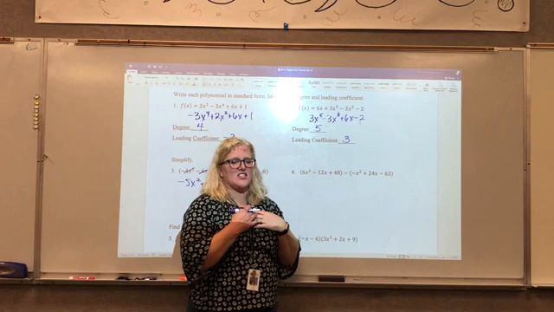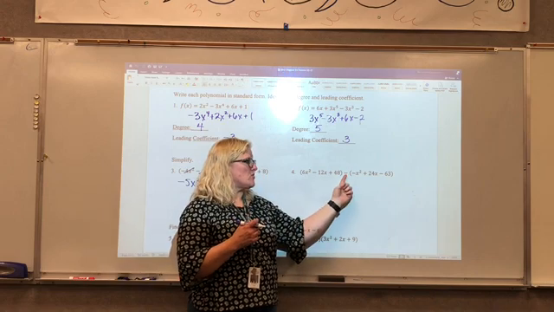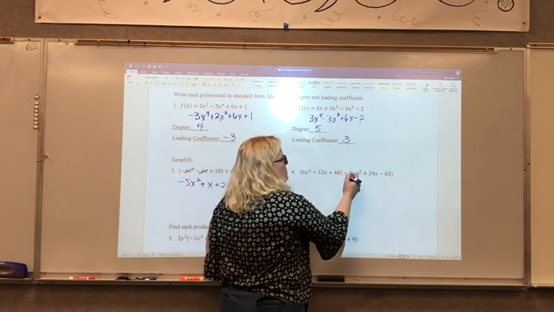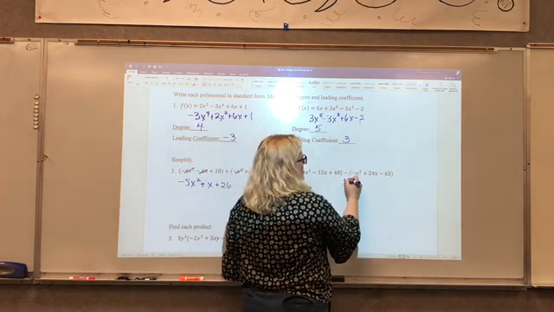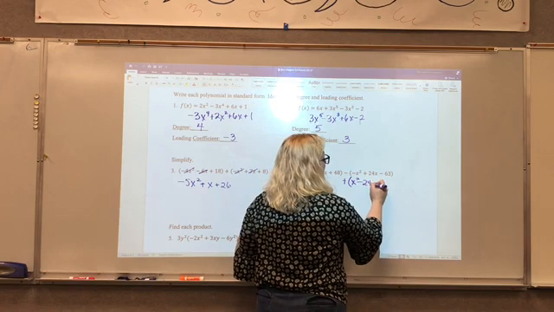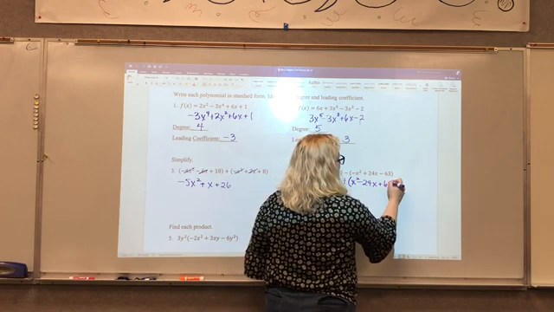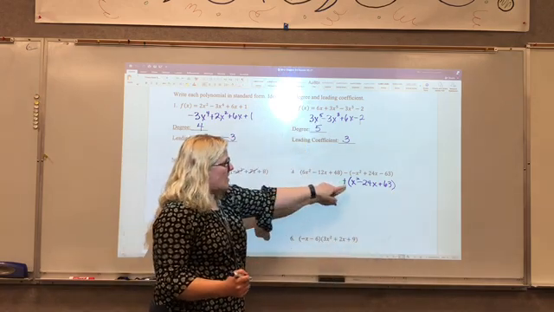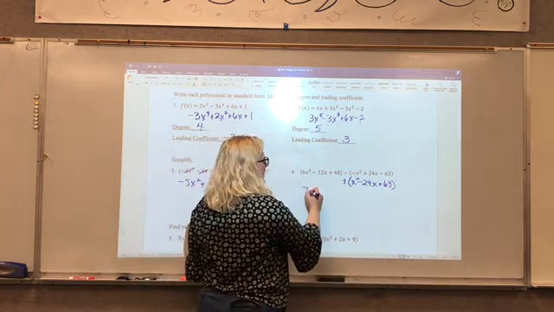Okay, over here we're also combining like terms, but this time we're subtracting. And so what I like to do is turn this into a positive, and then I just change all those signs. So I'm basically distributing this negative. So this is plus x squared minus 24x plus 63. So I just changed all the signs. So 6x squared plus x squared is 7x squared.